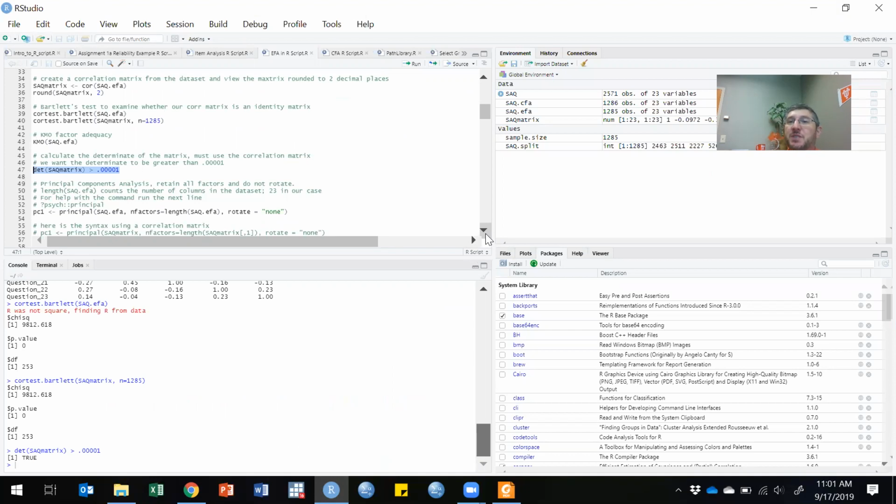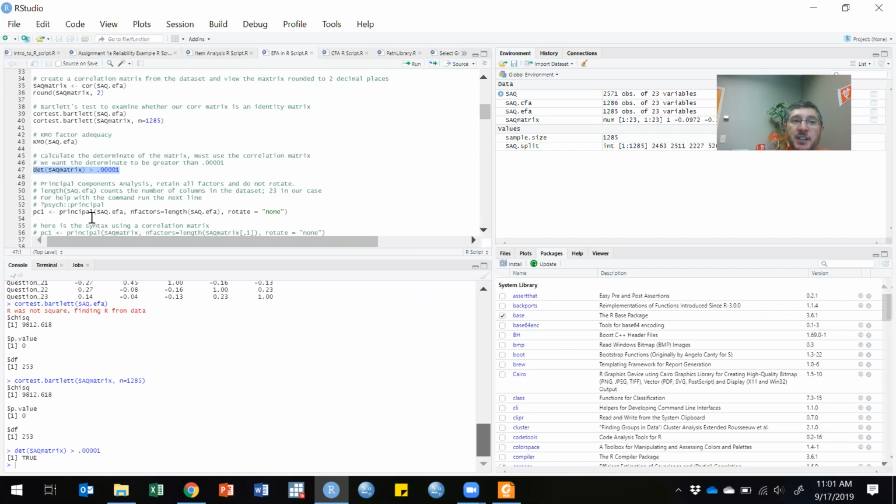Now that we've determined that our data set seems pretty adequate to run a factor analysis, we're going to start by running a principal component analysis. I'm going to walk through a principal component analysis, then I'm going to show you some syntax for running a factor analysis as well. So we're going to use the psych package for this.